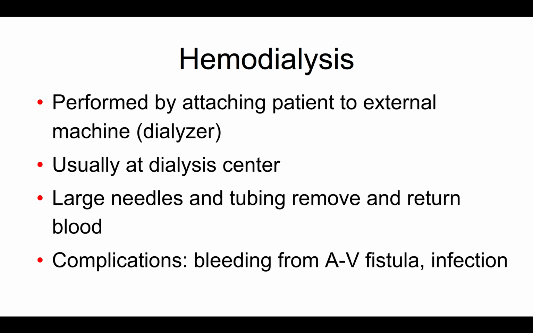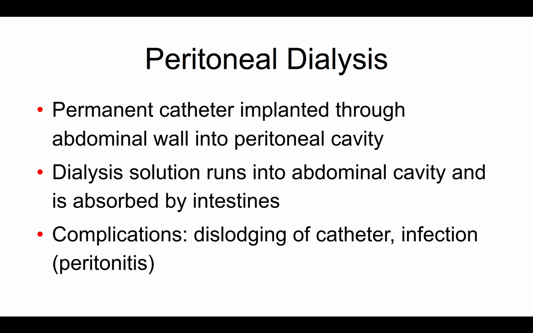Hemodialysis is usually performed at a dialysis center. Some complications from that: maybe bleeding from the fistula, infection at the sites. For peritoneal dialysis, complications can be dislodging of the catheter, or general infections of the abdominal cavity, that's peritonitis.